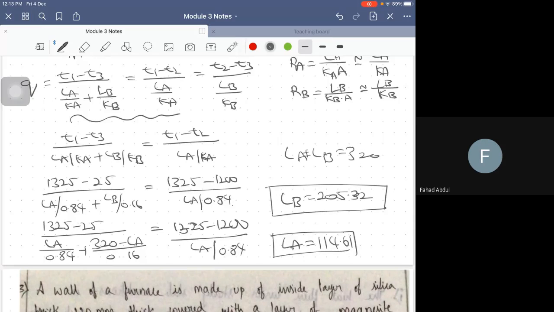Gautam, Gaurav present. M. Karthik, present, sir. Shihab, present, sir.